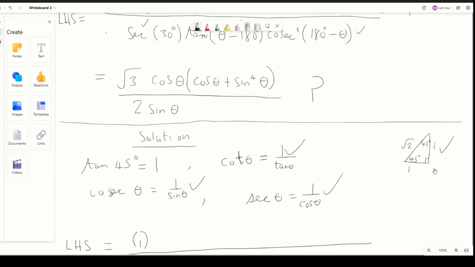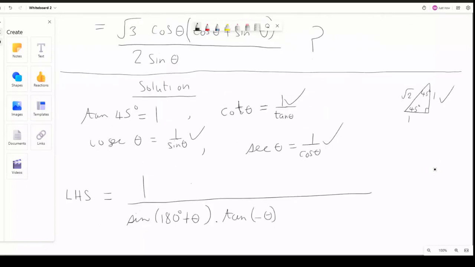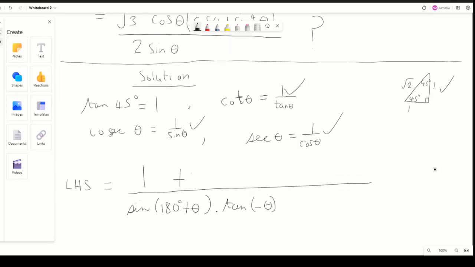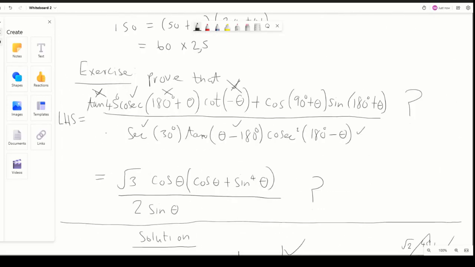So let me just write 1. All those other things went to the denominator. So tan 45, the rest I have put in the denominator. This was cosec 180 plus theta in the numerator, this cot minus theta in the numerator. Now it says plus. Now I'm here, plus cos 90 plus theta.